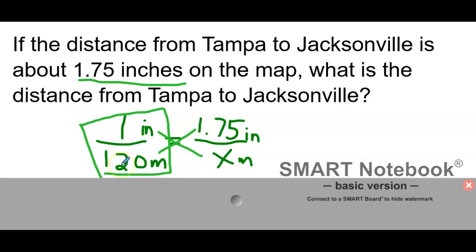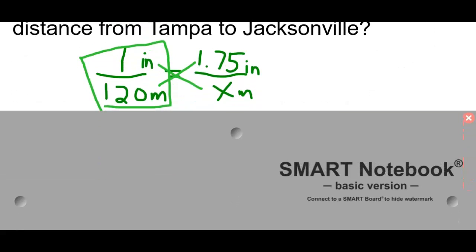I have to put my 1.75 on the very top, and I'm setting these 2 fractions equal to each other, but I don't know what this one is. Now I can do what I was just doing in deciding what x has to be for these to be equal fractions, or equivalent. So I'm going to cross multiply.